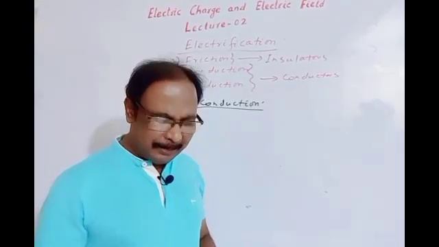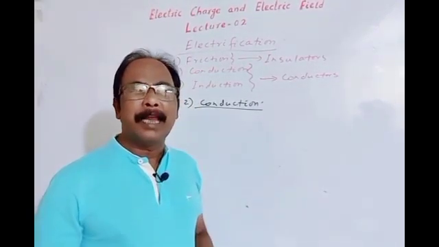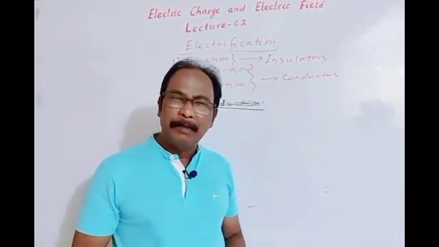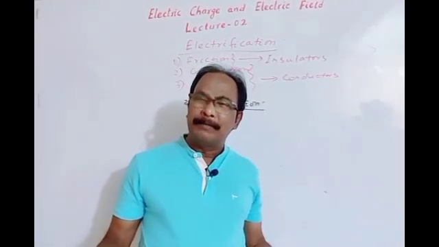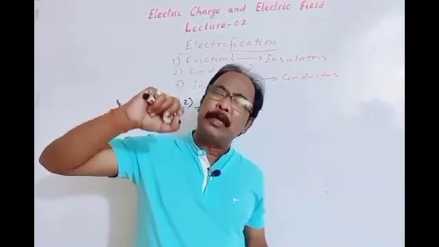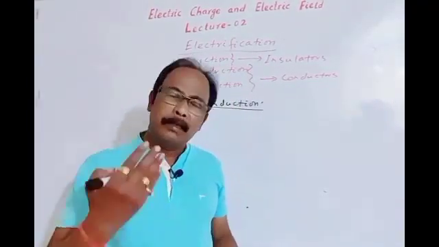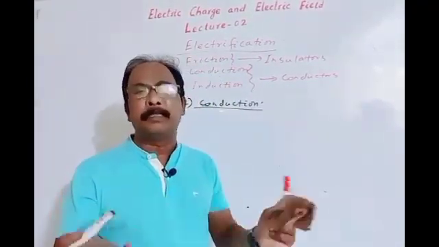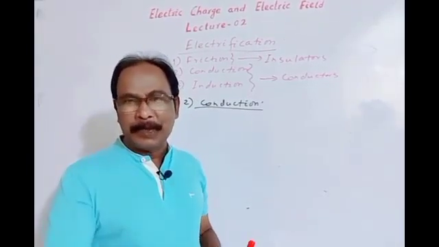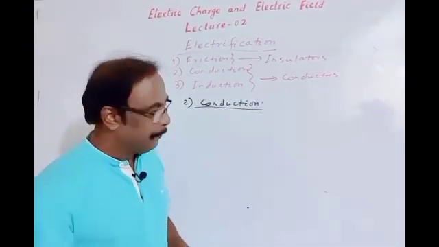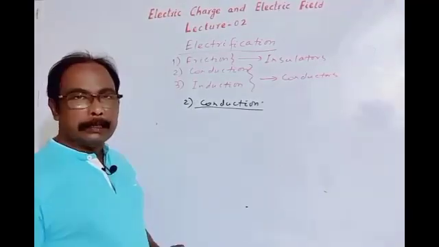So conductors can't be charged by frictional electrification. Or you may say, even if charge develops on a conducting body, the charge will escape out if it gets a conducting path to reach on earth. Okay.